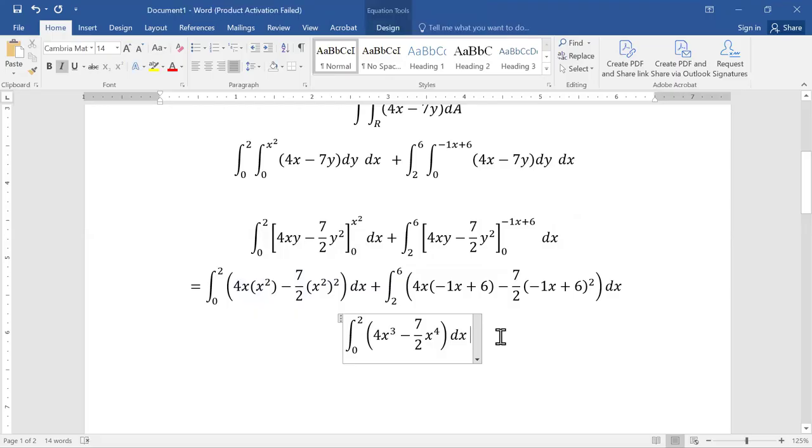If that wasn't already obvious. Then we're integrating from 2 to 6. And I'm going to clean this up a little bit, not too crazy. But this is negative 4x squared plus 24.